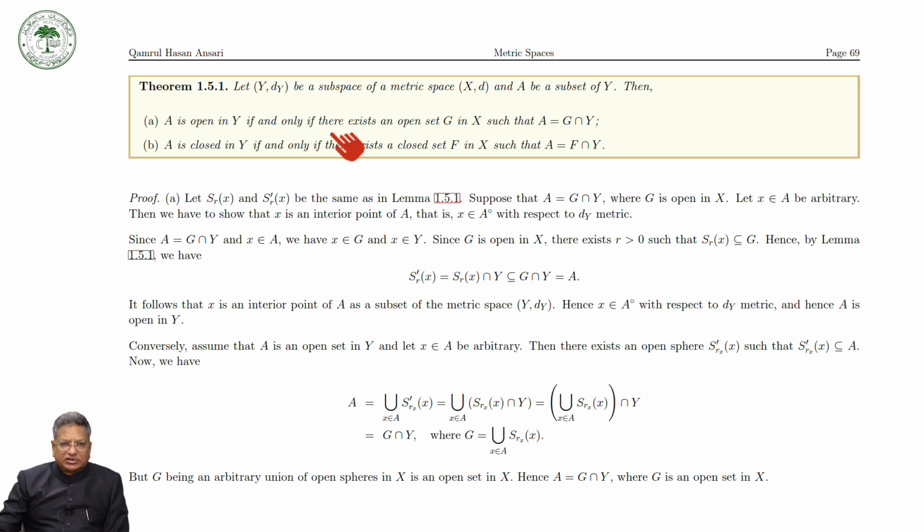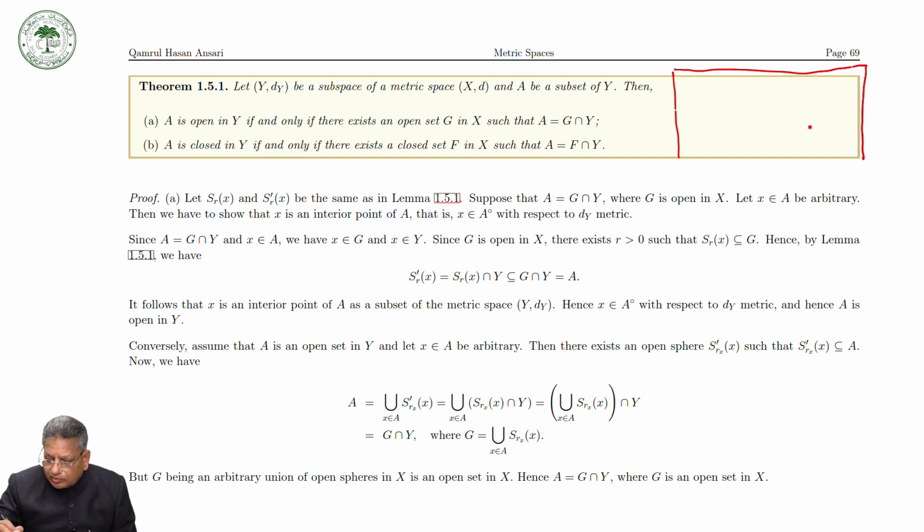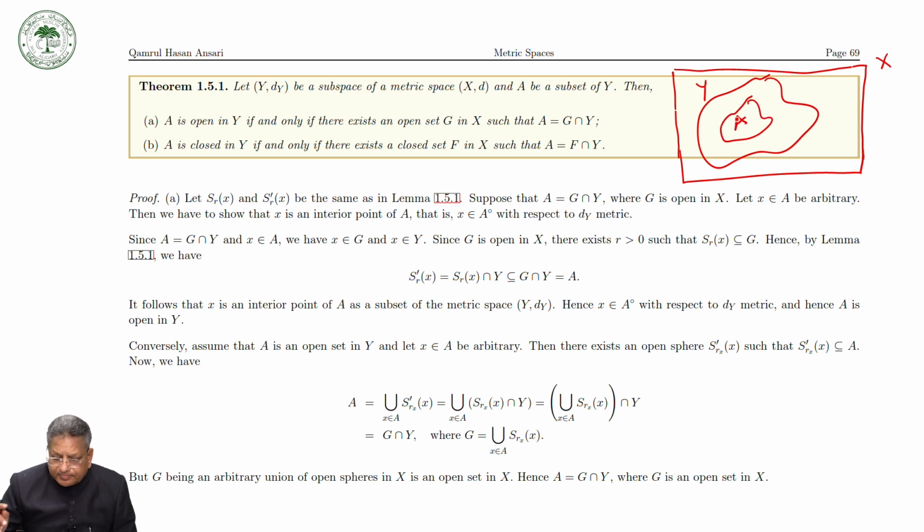For that we have this result which says that (Y, dy) is a subspace of a metric space (X, d), and A is a subset of Y. Keep in mind, A is a subset of Y. Suppose this is my metric space X, here you have Y, and you have a set A, a subset of Y. Then this set A is open in Y if and only if there exists an open set G in X such that A is equal to G intersection Y.